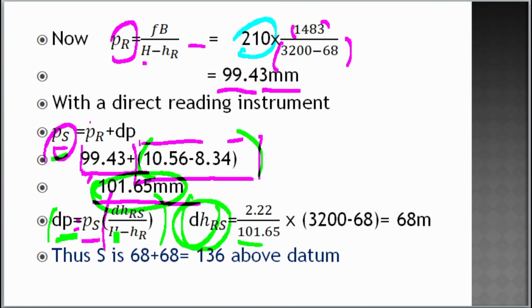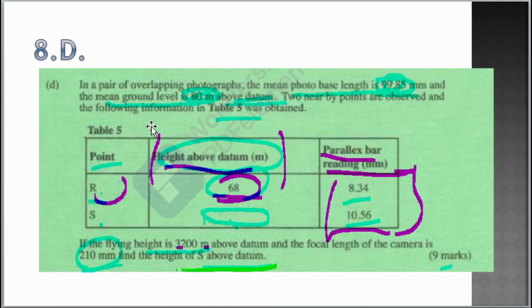This is equal to the value that we are looking for over our flying height minus the height above datum given to us at R as 68.